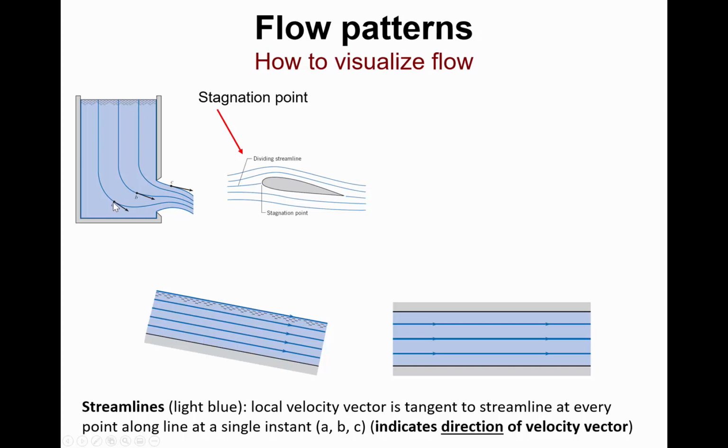At any particular moment in time, you can see here A, B, and C, that is the direction of the velocity at that moment. And so this particle that's here at A is going to change its direction in order to come out of the orifice, but at this particular moment, that arrow is showing you the direction of the velocity.